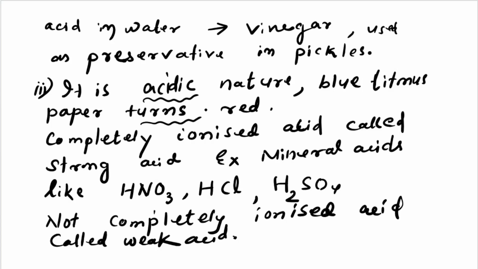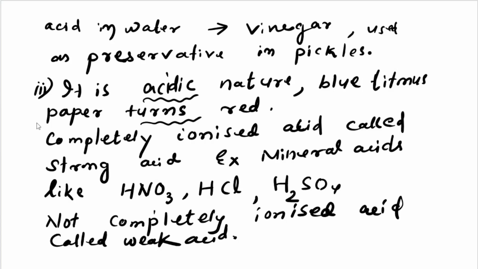Then similarly, when you see this one, a completely ionized acid is called a strong acid. So it is acid in nature, okay. But again you will see what type of acid this one is, COOH. There are two types of acid: a completely ionized acid is called a strong acid.